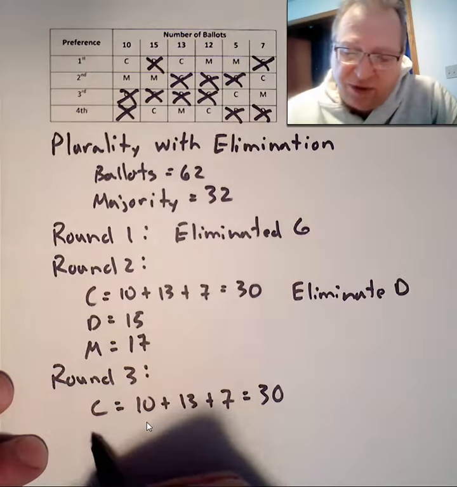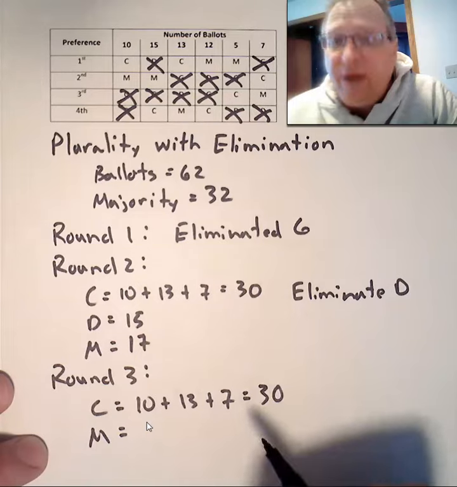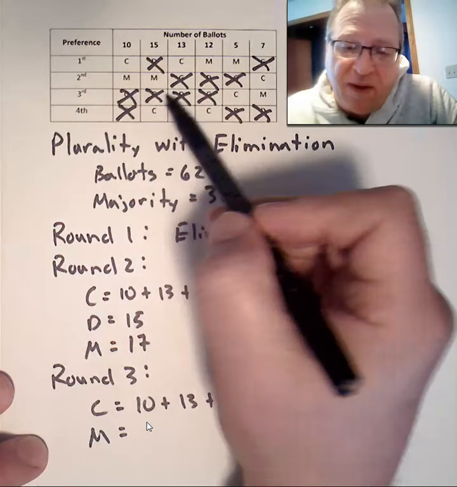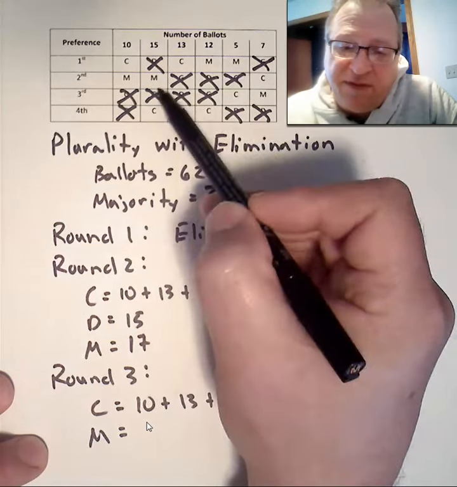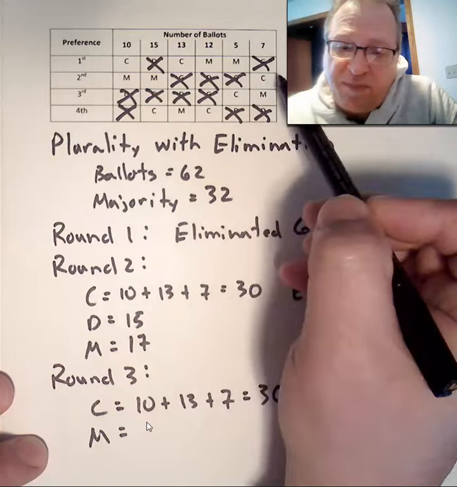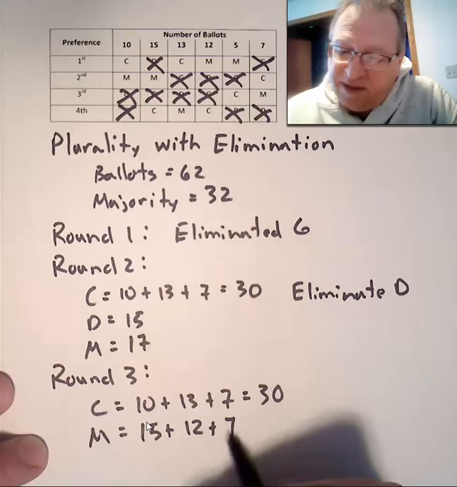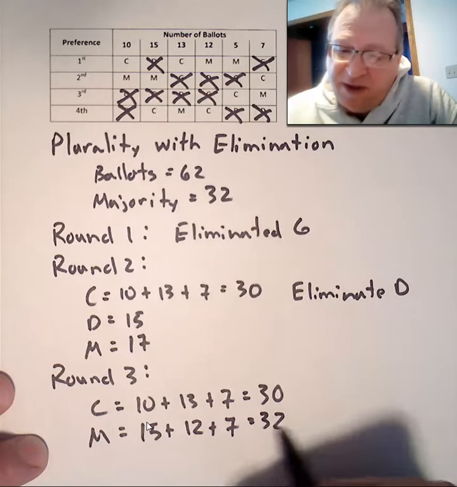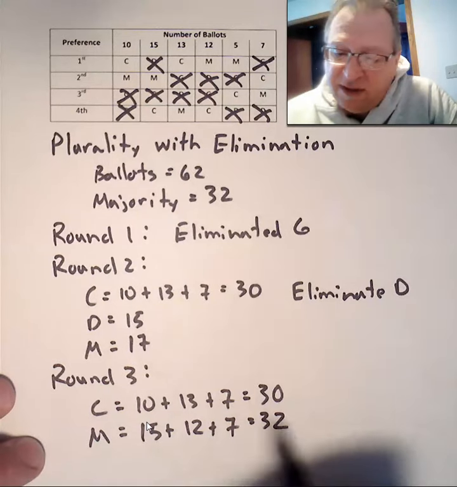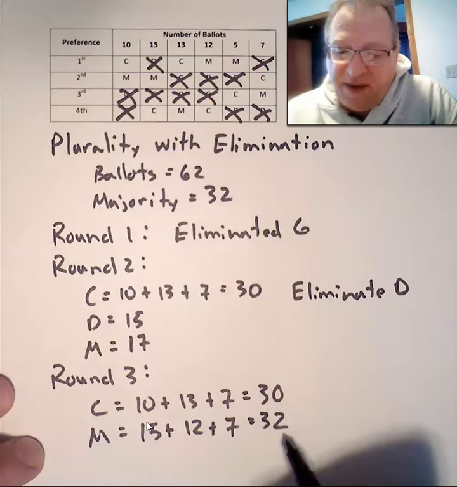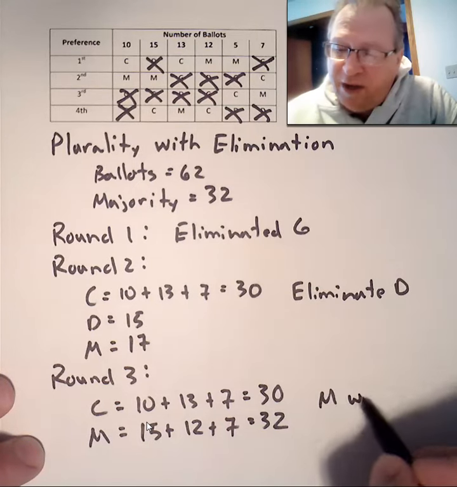It's not a majority. I think that means M's going to win. Let's add them up. M moves up for 15 plus 12 plus 7. That makes 32 votes. That is a majority. M is our winner.